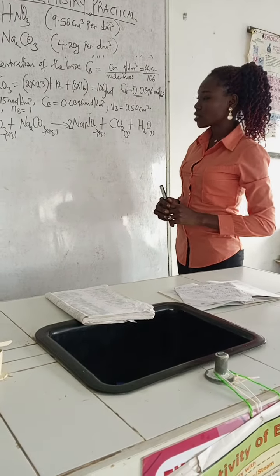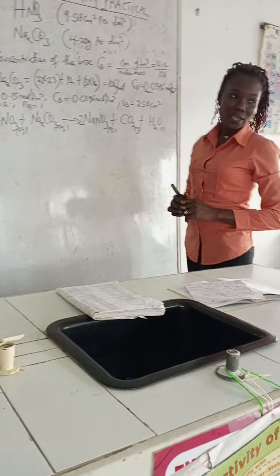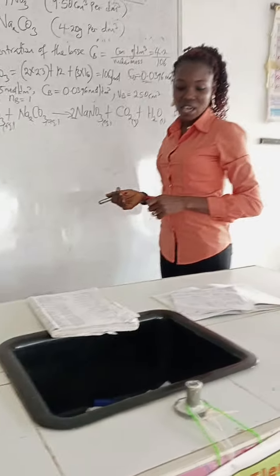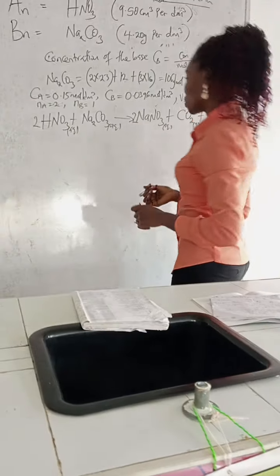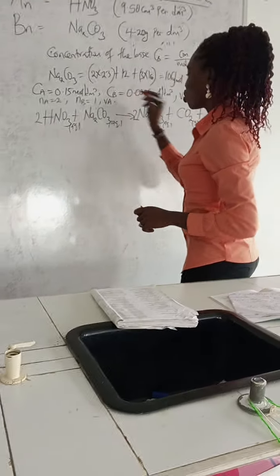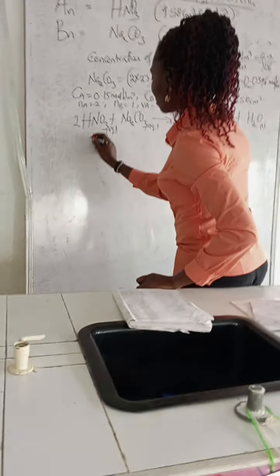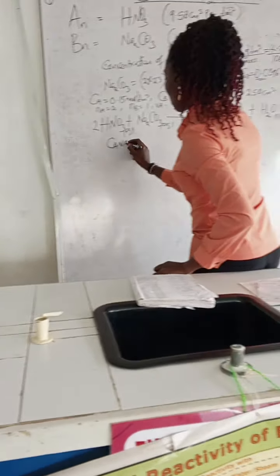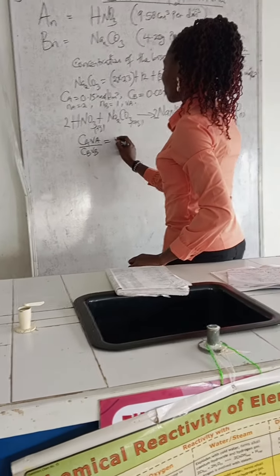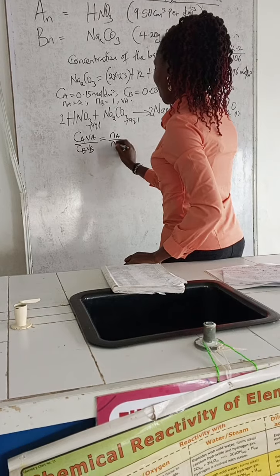So let's now see what our expected average titer is going to be, and that is our VA. Using the titration formula, CAVA over CBVB equals NA over NB.